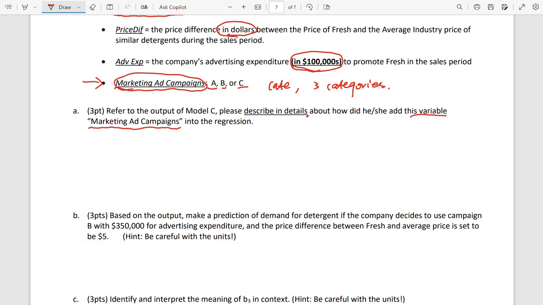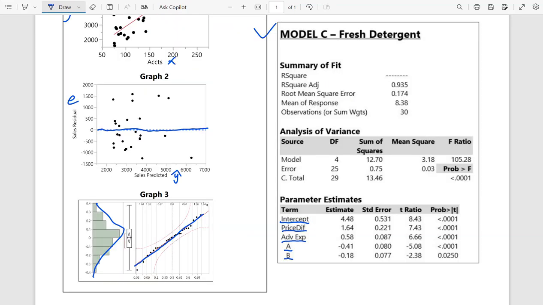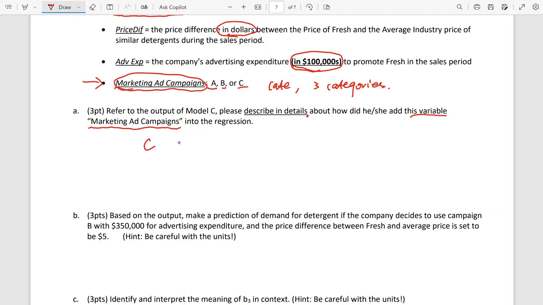We create dummy variables. If we don't have the output, we can randomly choose one as the base. But from the output, both A and B are added into the regression. So where is C? Why is C missing? We say C is the base, and we set C as the base so that we create a dummy variable for A and a dummy variable for B. So how do we define these two dummy variables?